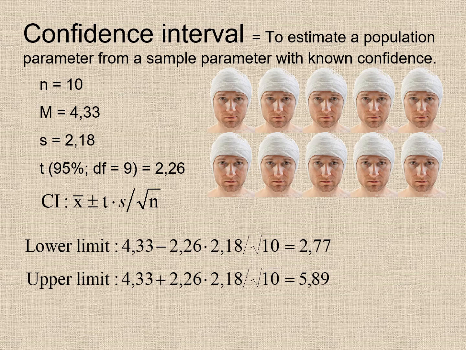So we estimate that the population mean should be somewhere between these values, 2.77 and 5.89. A traditional interpretation of this confidence interval would be that with 95% probability, the population mean is somewhere between the values 2.77 and 5.89.